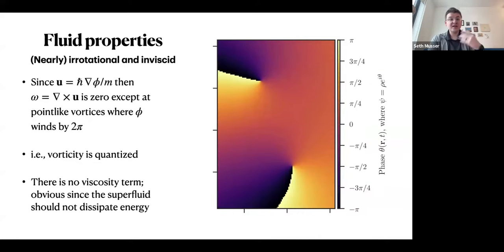The second important feature here is that there's no viscosity. Indeed, when people were first thinking of superfluids, the definition was that you had this flow without loss of energy. So of course you shouldn't have viscosity even as you add additional terms to our weakly interacting Gross-Pitaevskii equation.